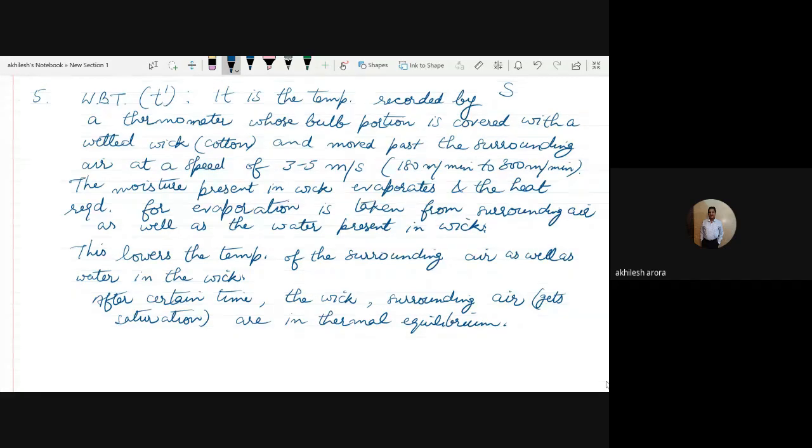Okay, are in thermal equilibrium. That means the temperature of the moisture present in the wick is same as that of the surrounding air temperature.